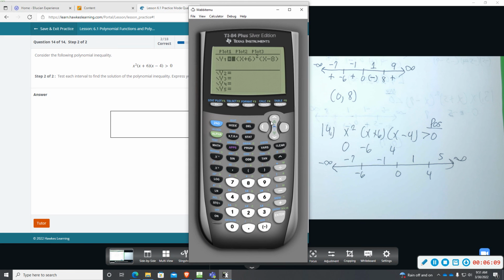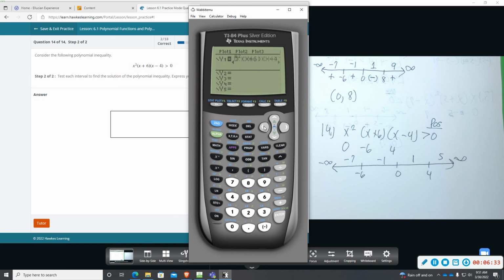Y equal, clear this out, x squared, and then x plus 6, and then x minus 4. Make sure you get those in parentheses, just as you see on the screen. Double check.